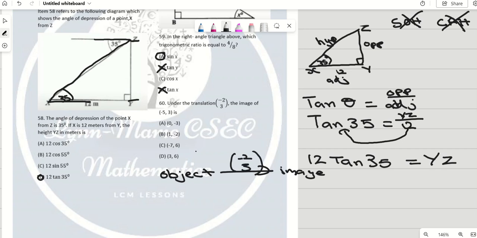So this is the object, minus 5, 3, and you're going to add minus 2, 3 to give you your image. Minus 5 plus minus 2 is minus 7, and 3 plus 3 is 6. So my image is minus 7, 6. The top value is the X and the bottom value is the Y. That would be C. So after you do all of this, you would see that C is your answer.